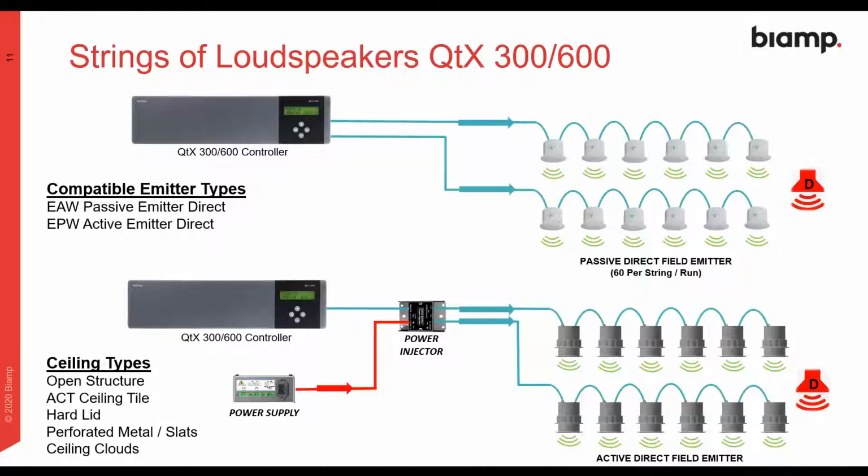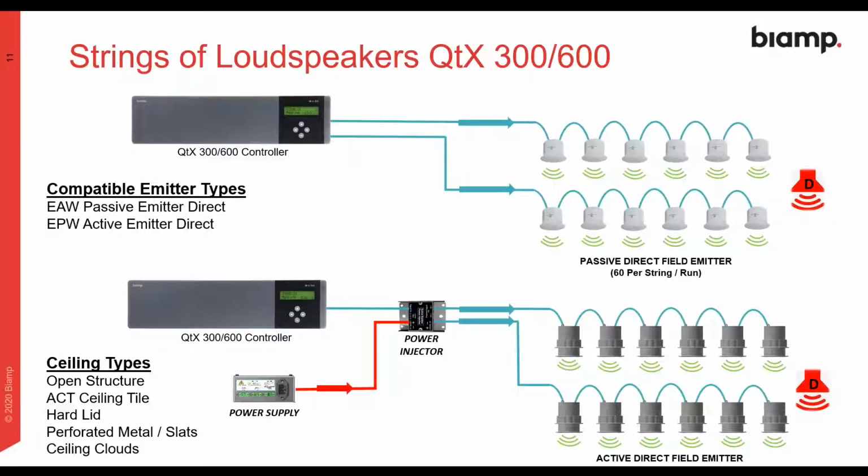So with the 300 and the 600, what we're looking at and talking about is, and I'm trying to think of this terminology, strings of loudspeakers. So when I'm thinking of QTX 300, 600s, I'm thinking of emitter runs. As I'm covering a space, with the passive direct or the active direct emitters, I'm using strings of those speakers to support either passive direct field for just masking, or if I've got active, where I've got paging and background music spaces, I can mix and match across either one of these controllers and set it up similar to what we did in QT Pro.